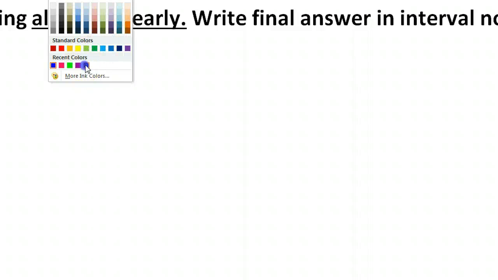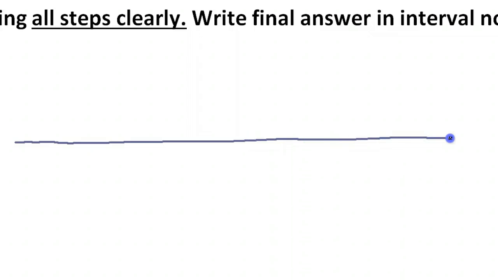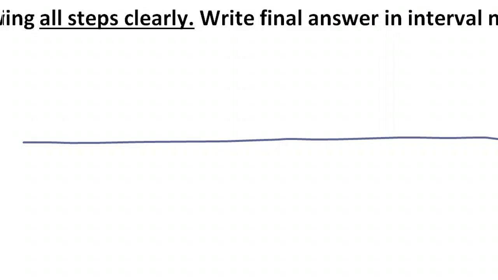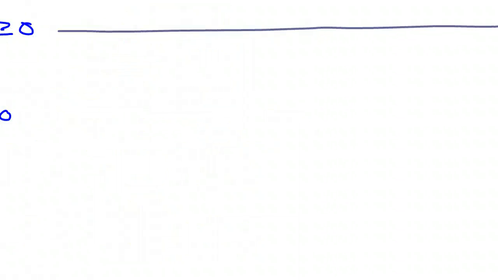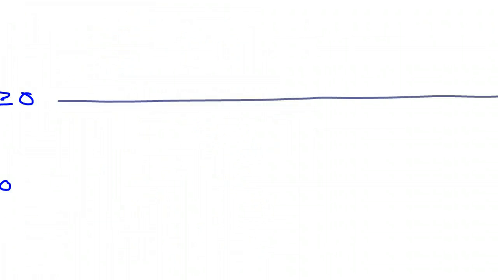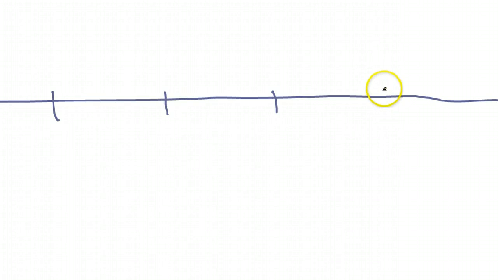So I'm going to get plenty of room over here to do this. So here comes our number line. I'm going to make it nice and long because we have a lot of critical values to test. Okay, so we have 4 critical values. 1, 2, 3, 4.